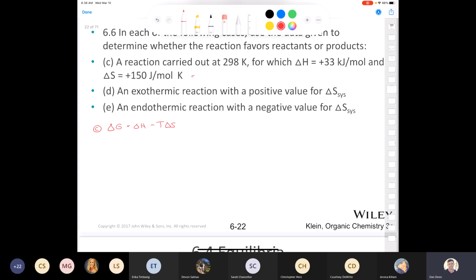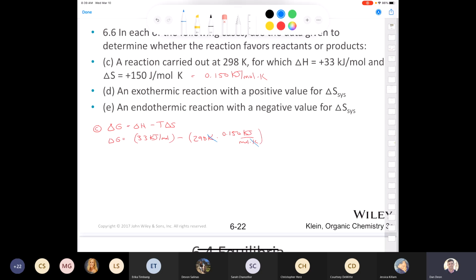So this is going to be the same thing as 0.150 kilojoules per mole K. So let's plug in some numbers. Delta G is going to be equal to 33 kilojoules per mole, subtract 298 Kelvin multiplied by 0.150 kilojoules per mole Kelvin.